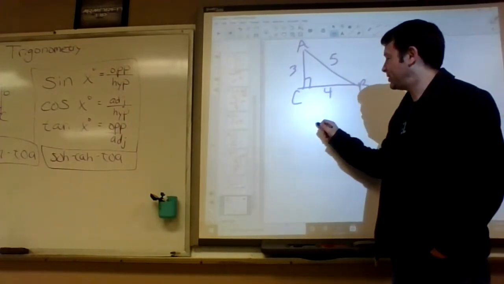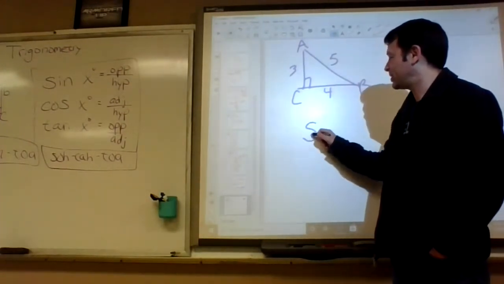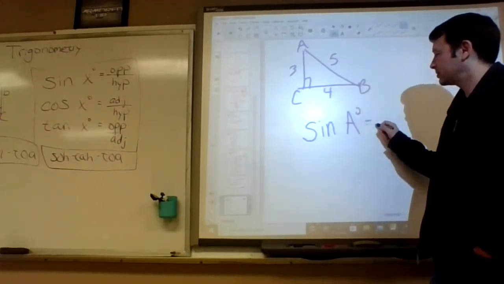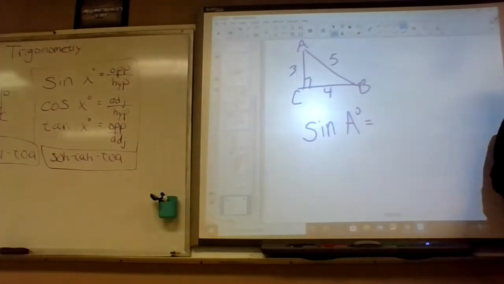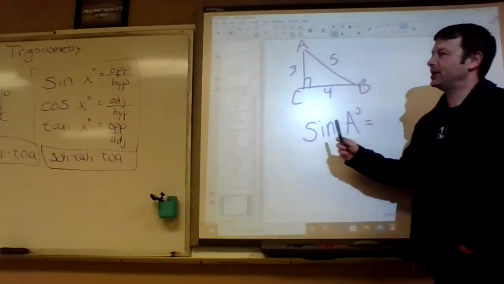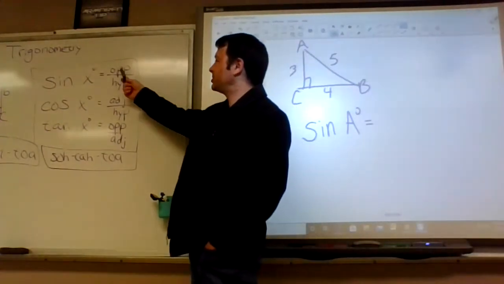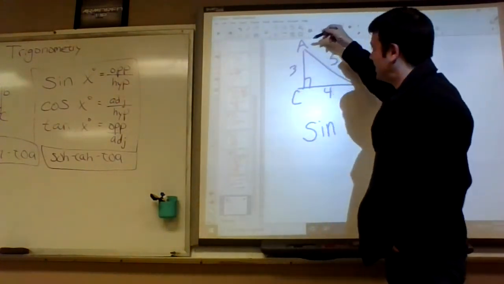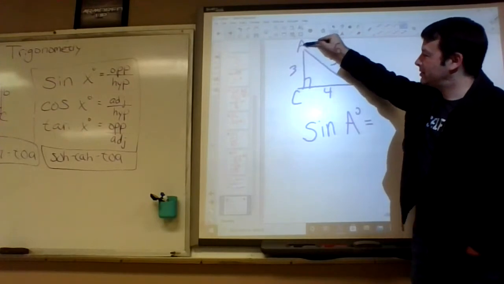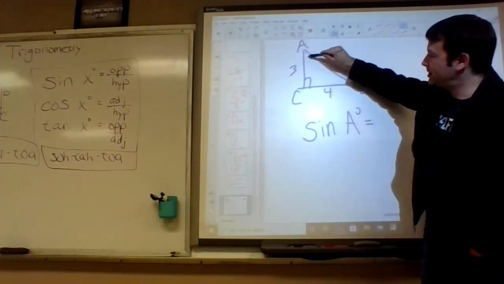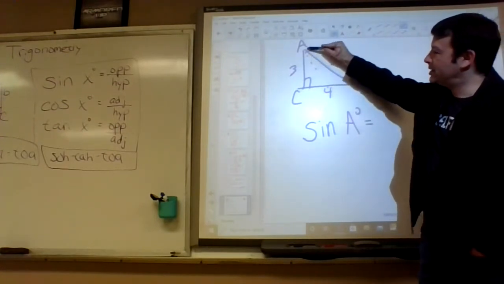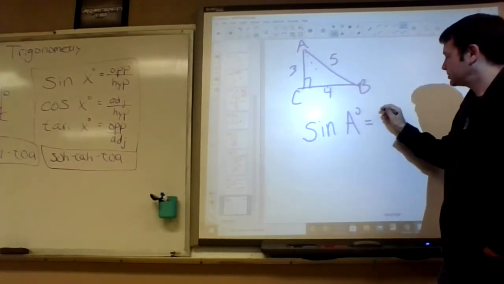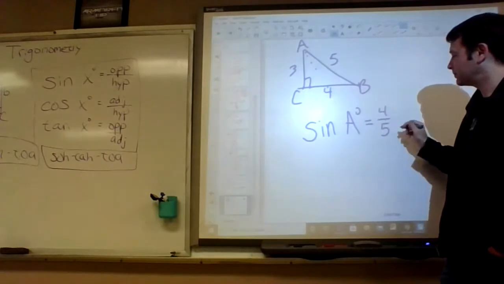What is the sine of angle A? The sine spits out the opposite over the hypotenuse ratio. What is the opposite of angle A? 4. Opposite means across from. What is the hypotenuse? 5. So this would equal 4/5.